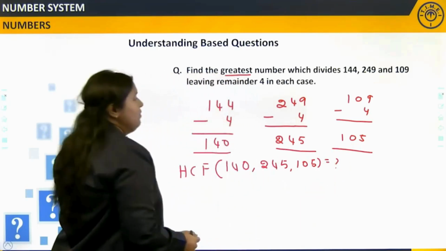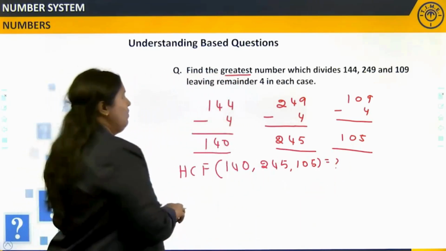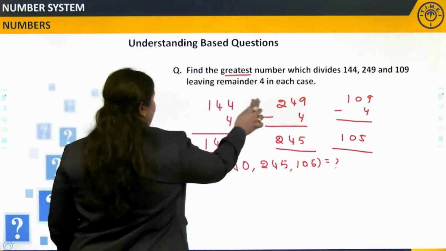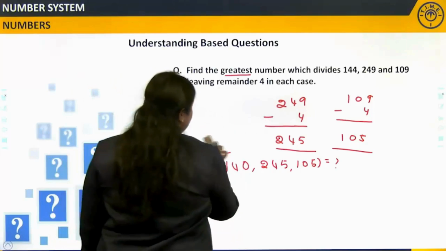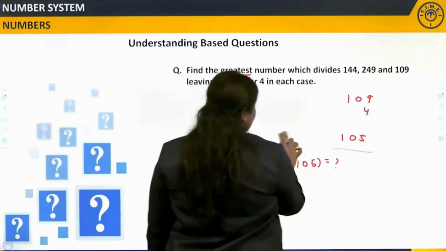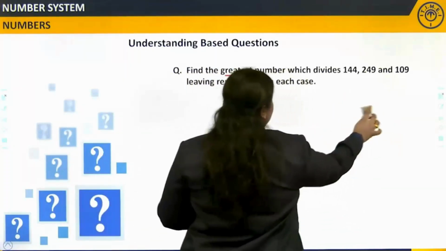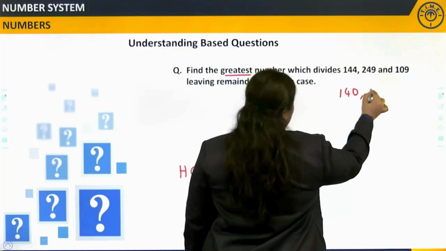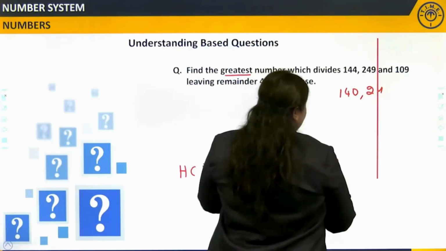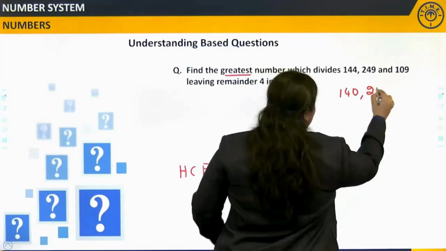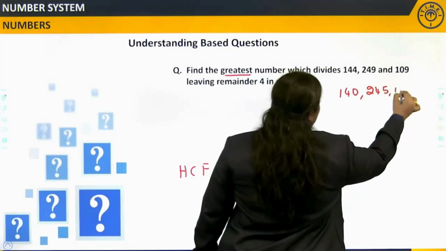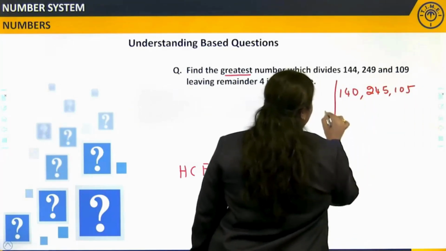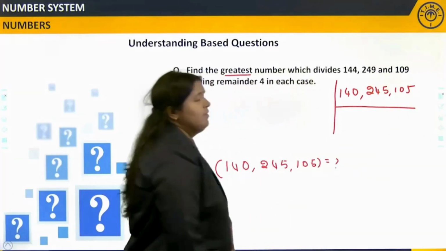Alright. Fine. How are we going to find out? Whatever method you like, you can follow. I am going to use the division method. Now, all the three numbers here, 140 and then 245 and then 105, right? All of them are divisible by 5. They are ending with 5 or 0.